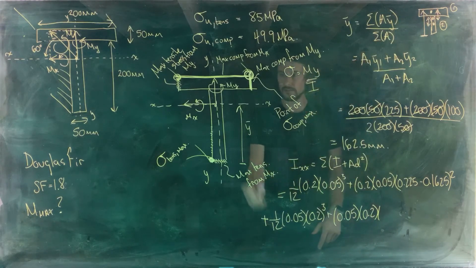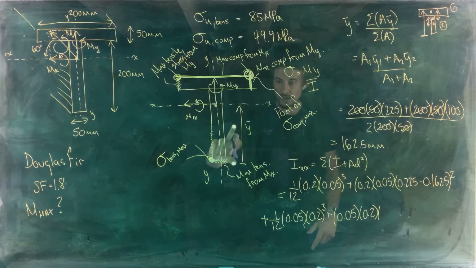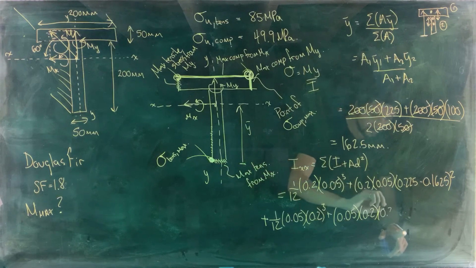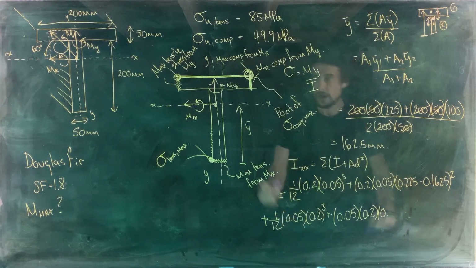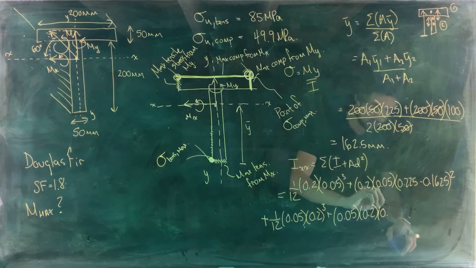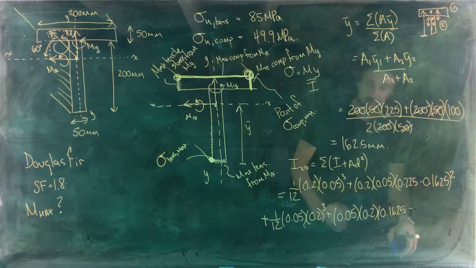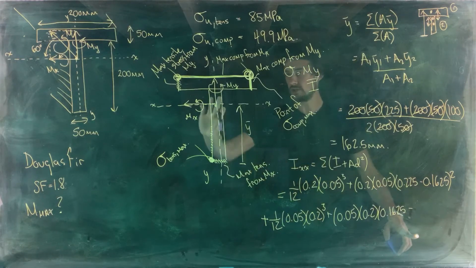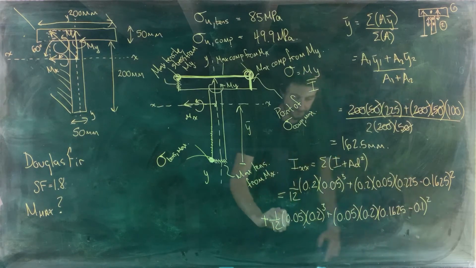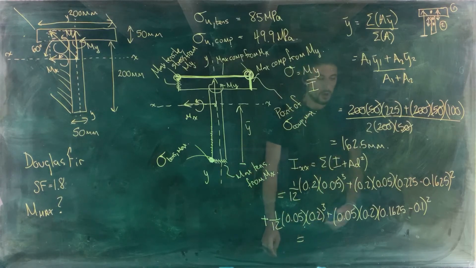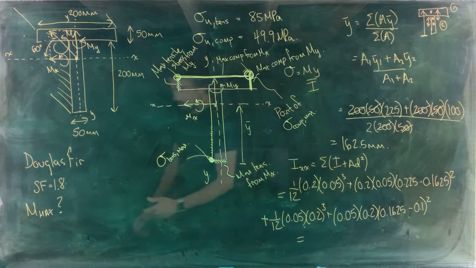In this case, we're going up by y bar, 0.1625, and then subtracting off the centroid location for this upright piece, which is 100 millimeters, and square that. Jolly good.